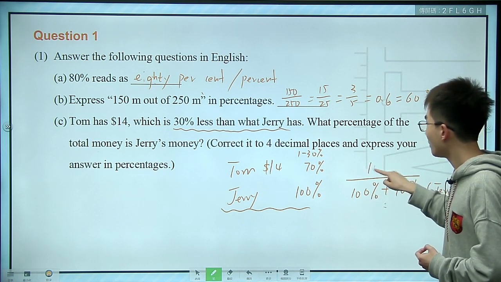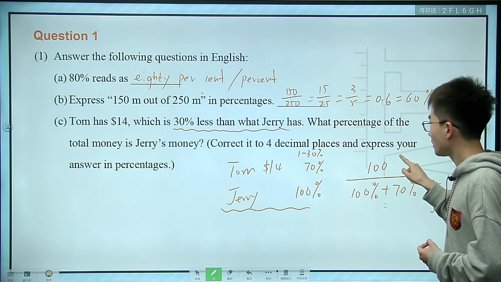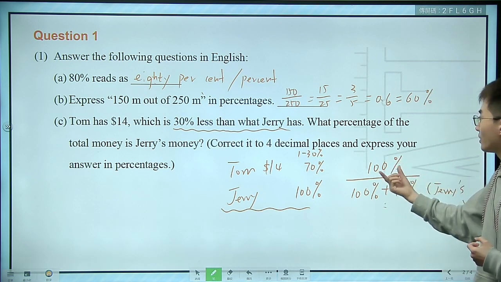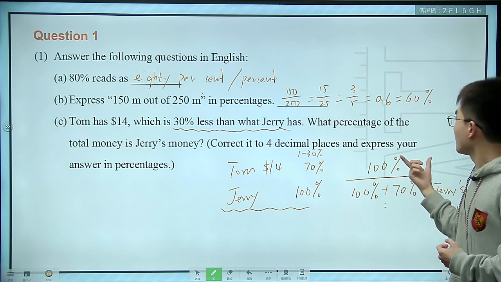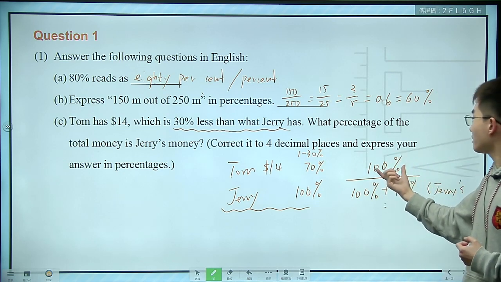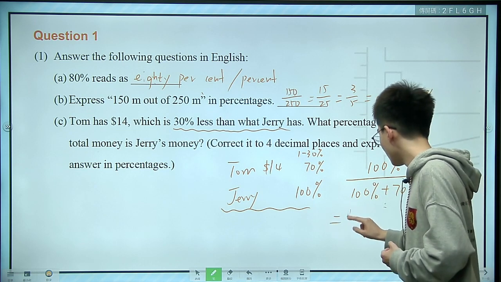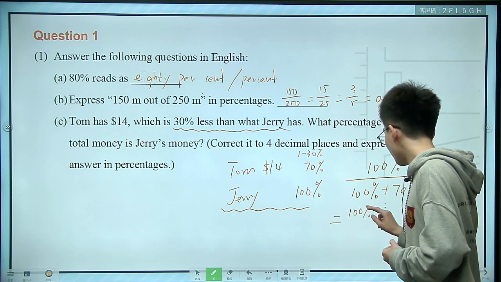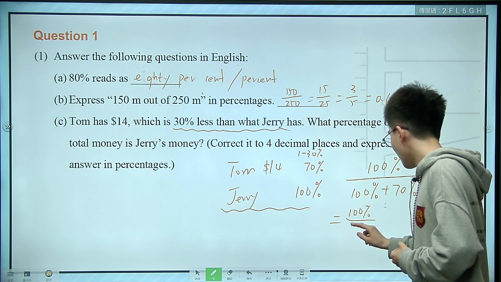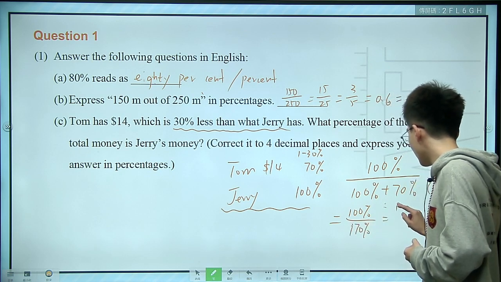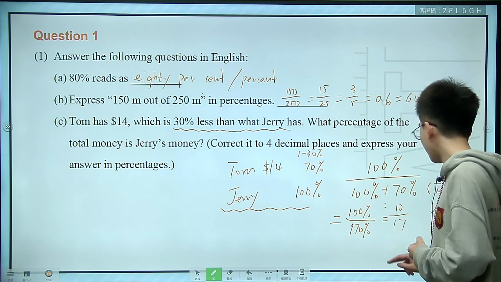And how much about Jerry's money? It will be 100%. So it will be 100% over 100% plus 70%, which equals 100% over 170%, and it will equal 10 over 17.